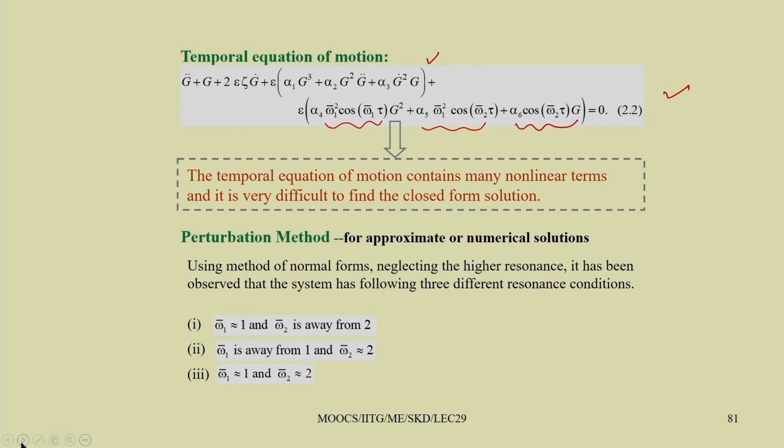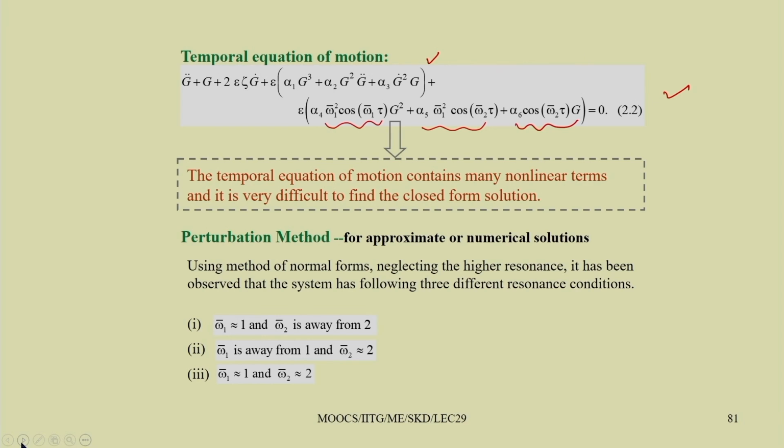Similarly, omega 1 bar away from 1 and omega 2 bar nearly equal to 2, and we can have simultaneous omega 1 bar equal to 1 and omega 2 bar equal to 2. There is no restriction on omega 1 bar and omega 2 bar; one can control these 2 parameters independently.